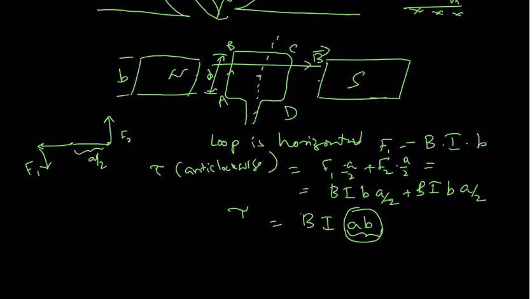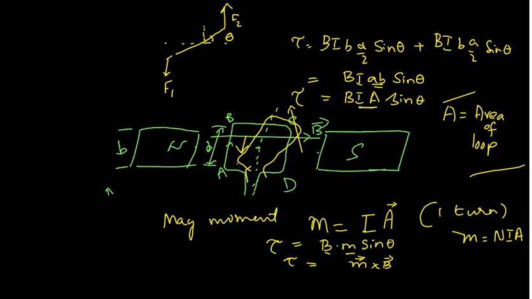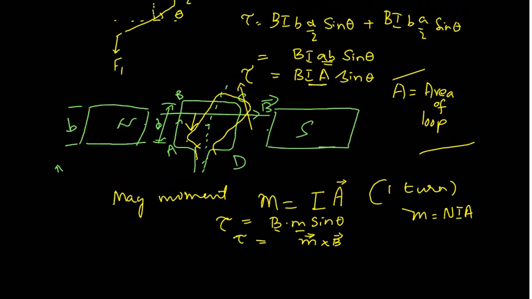It will continue to move around. So the concept of magnetic moment is defined as I into A, where A is the area. We substituted this, IA is M, then we got M B sin theta, and therefore we finally know tau is nothing but the cross product of M and B.